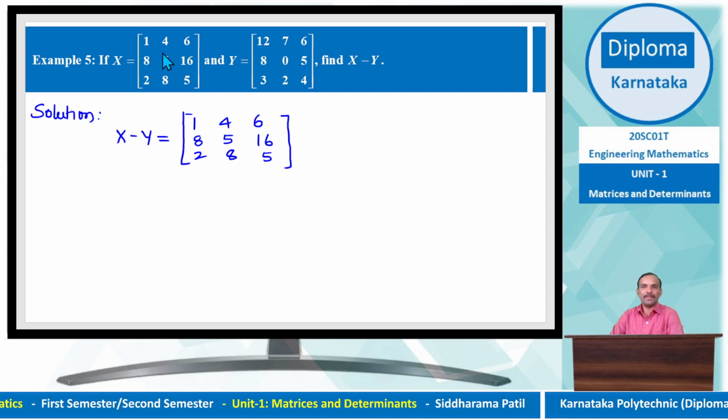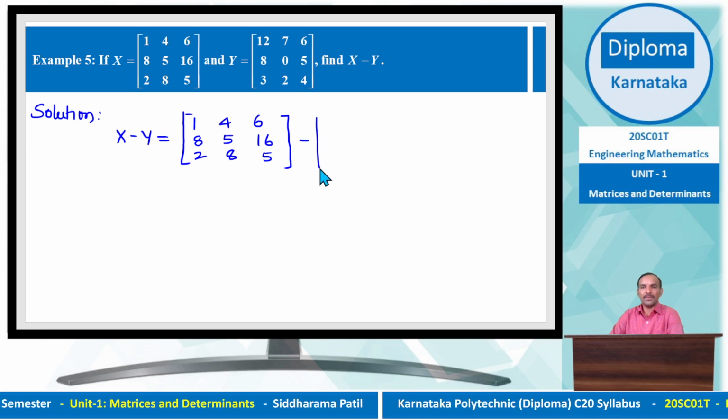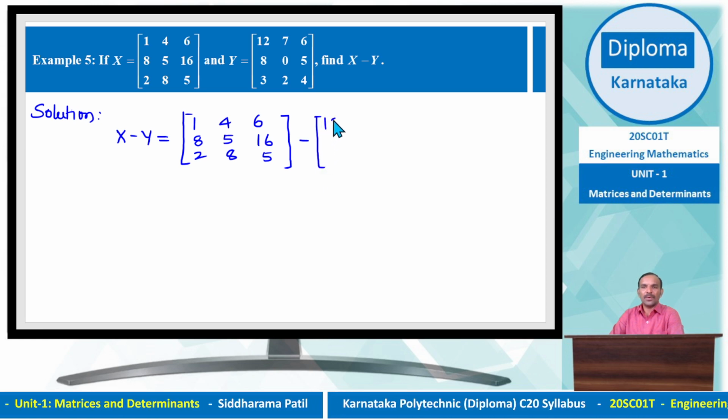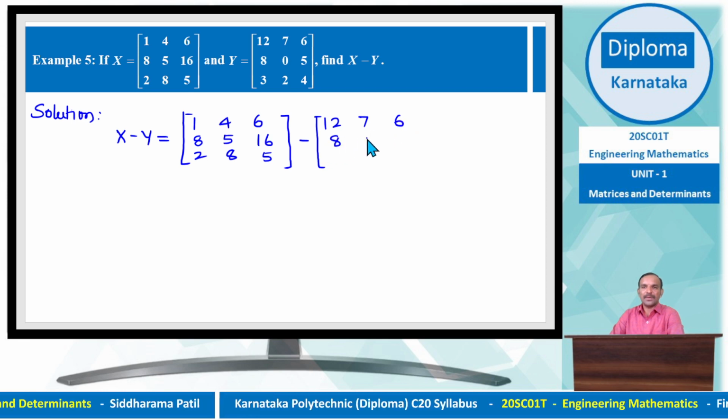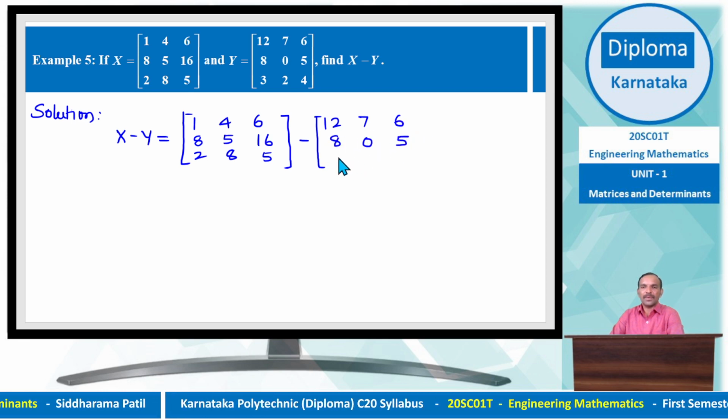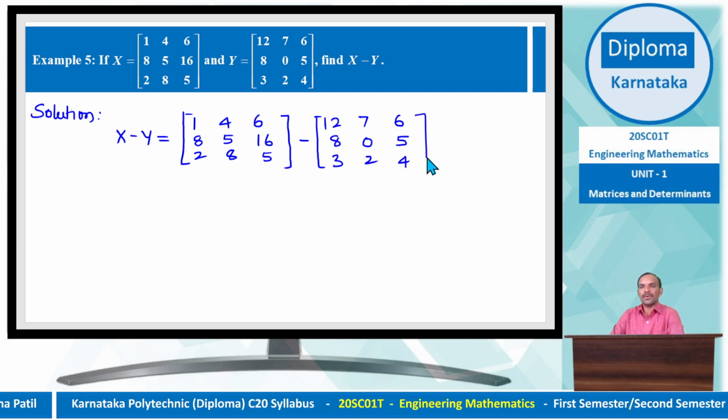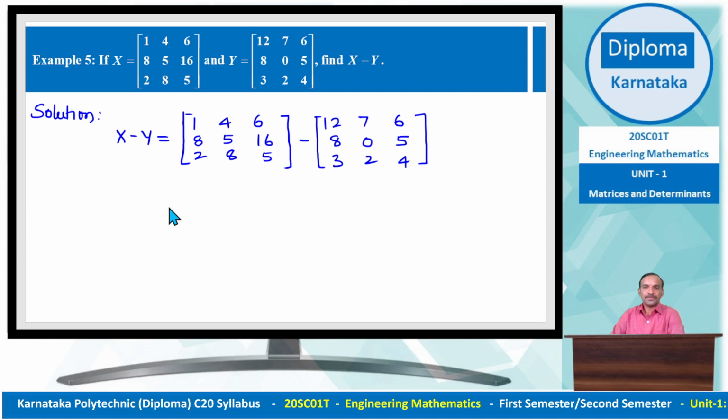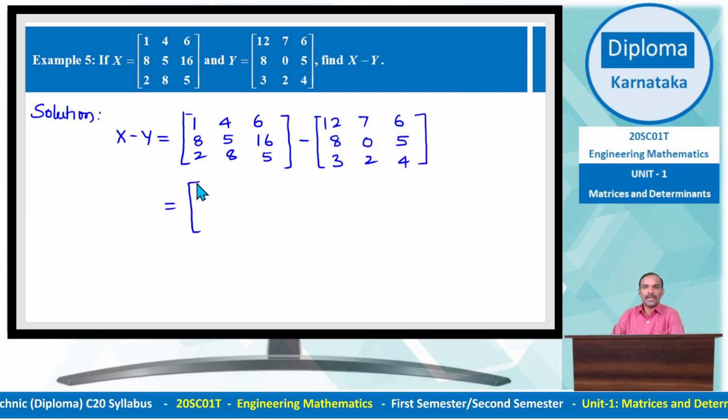1, 4, 6, 8, 5, 16, 2, 8, 5 minus y. What is y? 12, 7, 6, 8, 0, 5, 3, 2, 4. x minus y, that is corresponding elements subtraction. What are the corresponding elements?